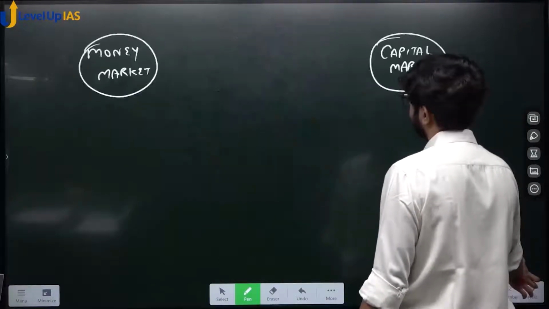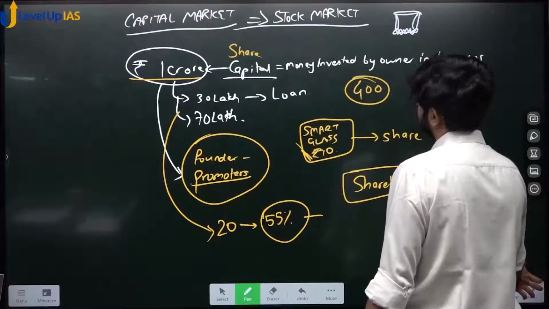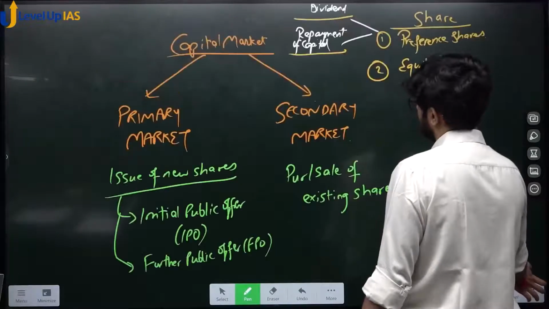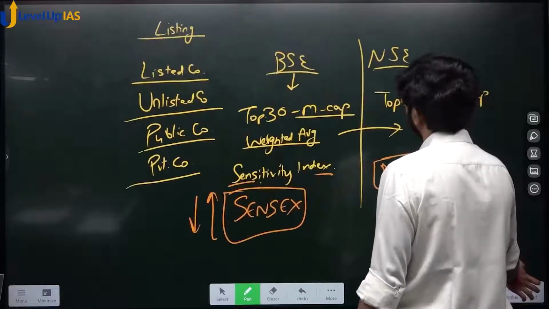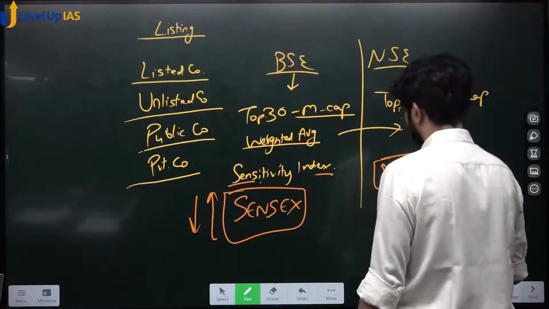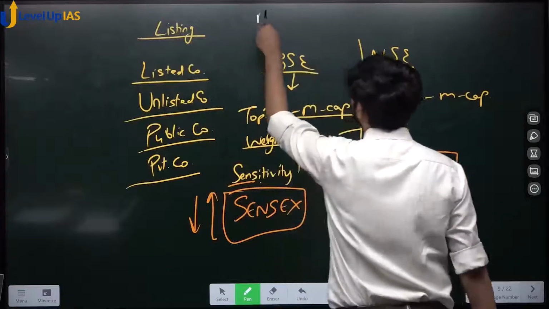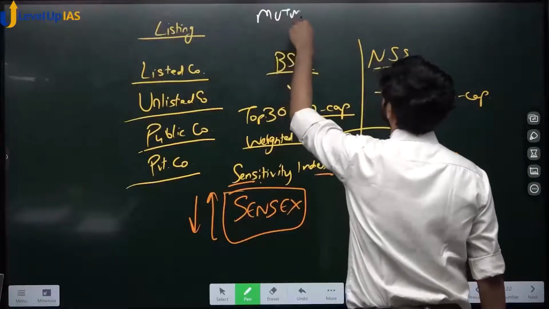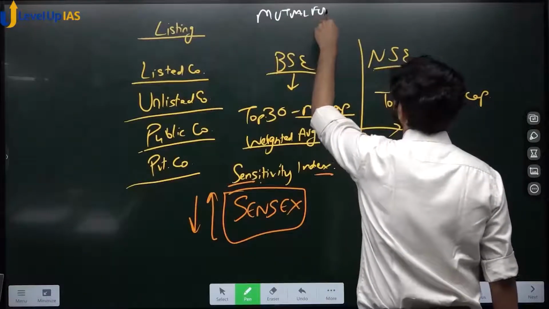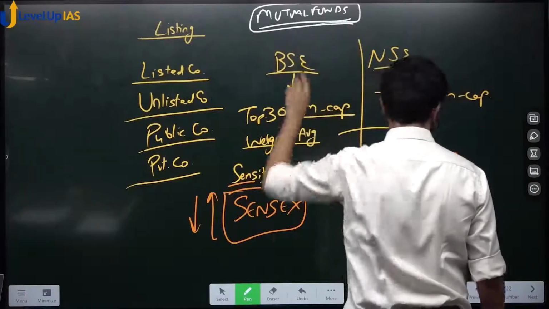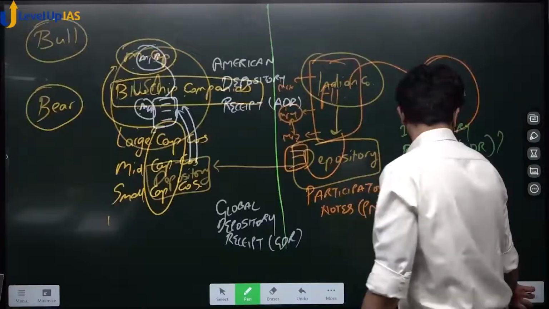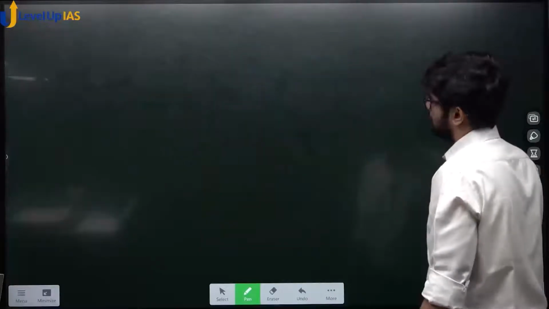कहाँ है? कहाँ गया? Right, mutual funds, they are somewhere. Right?